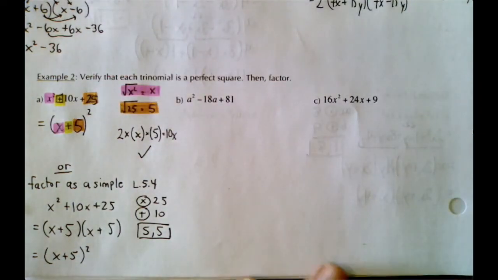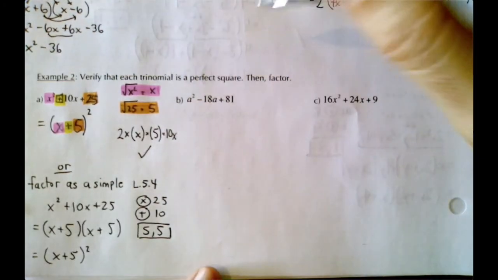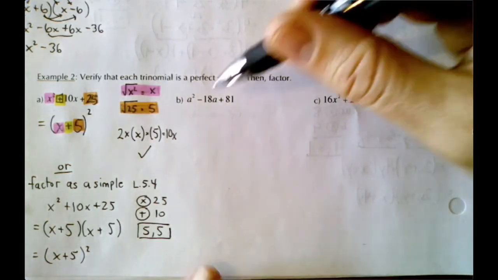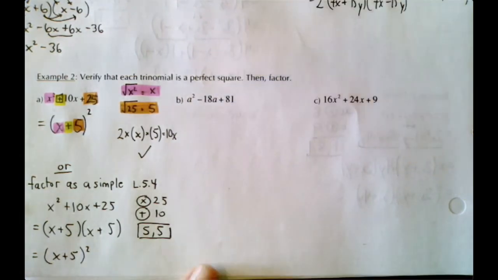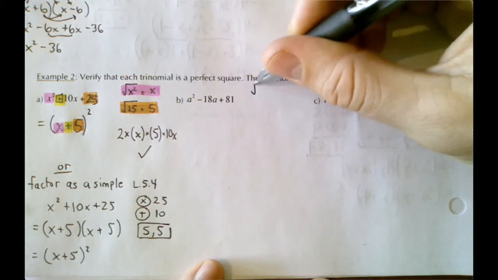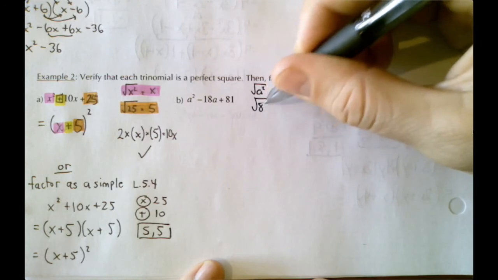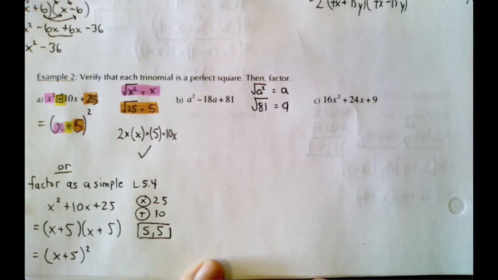Let's try B. We're going to factor it like a perfect square trinomial, but again, we could do it just like a simple trinomial. Multiplies to 81, adds to negative 18. You could probably figure it out. But let's try the other way. So square root a squared, we get a. Square root 81, we get 9.